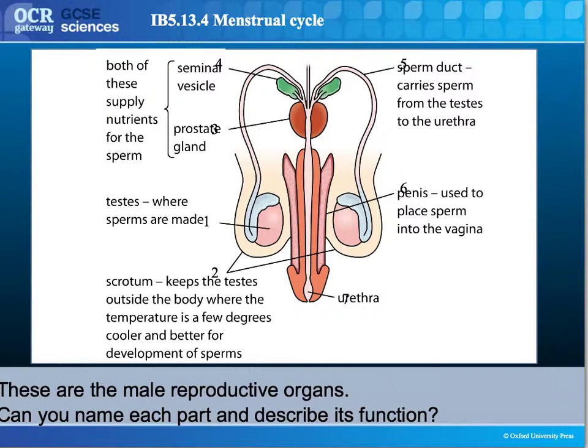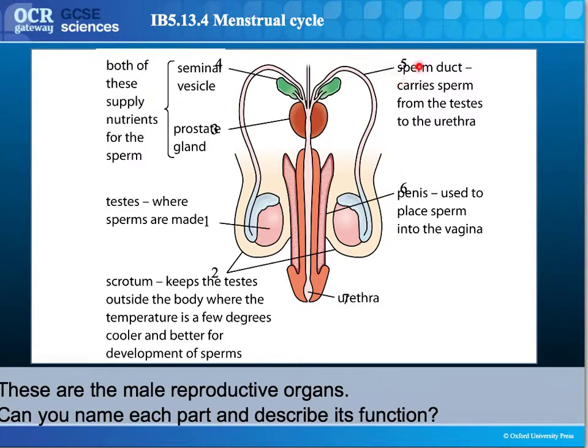Now this is the scientific word for the skin that contains the testes, and this skin will keep the testes outside of the body. Now that allows the testes to be kept a few degrees cooler than the internal body, and this is better for the development of sperm.